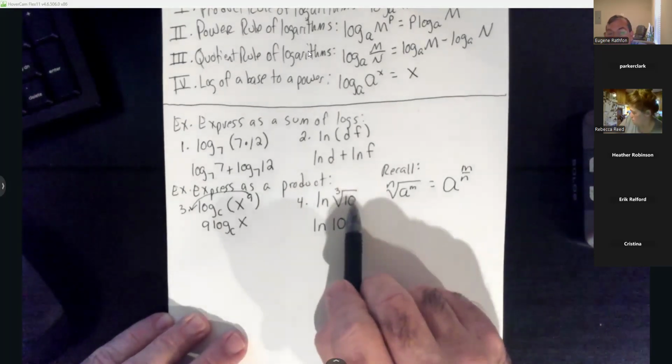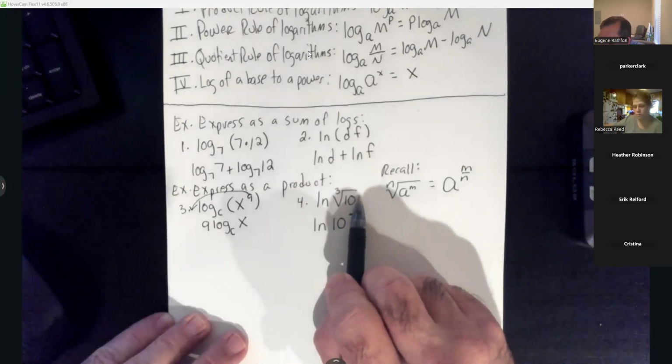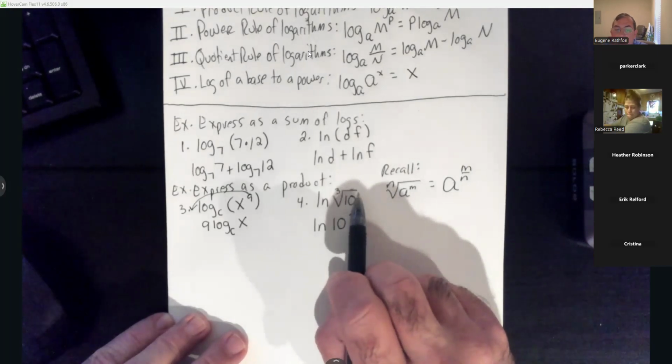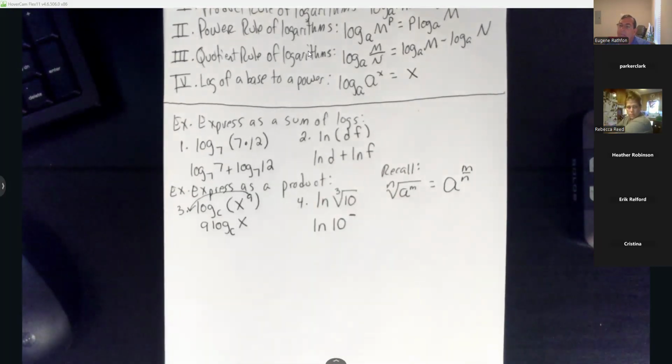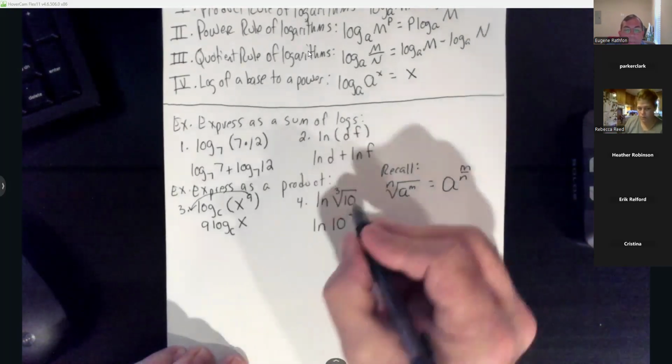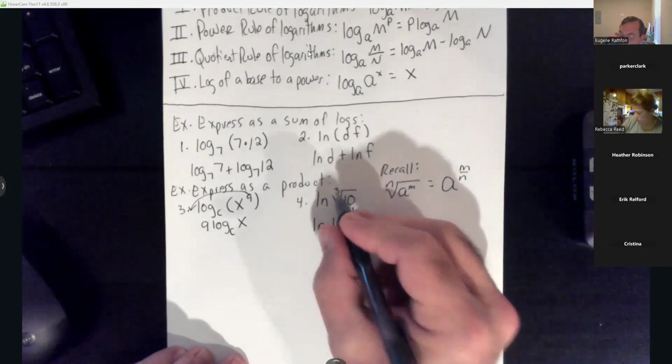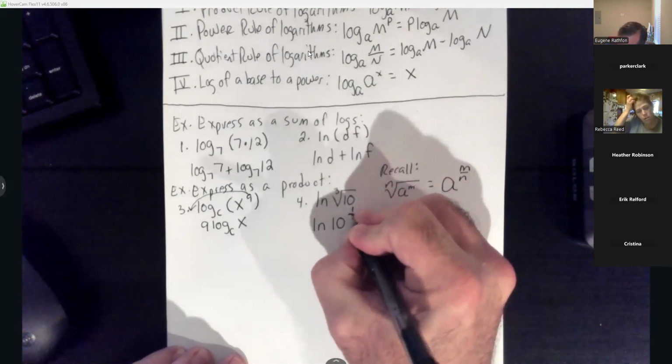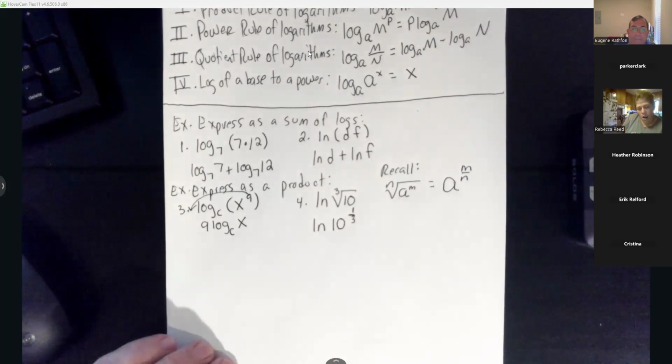Now, the 10 doesn't have a number by it, so you got to remember that the 10's missing exponent is a 1 on that, okay? So that means the top number of the exponent will be a 1, and then the index of the radical becomes the bottom number.